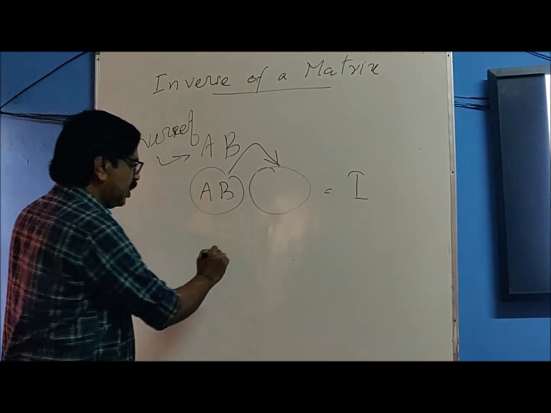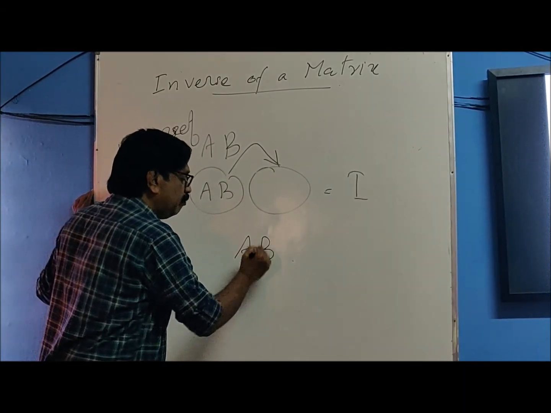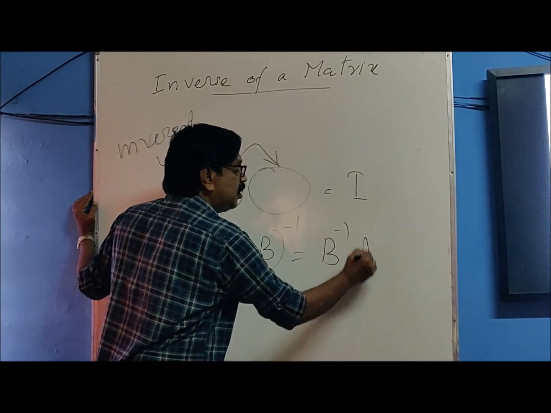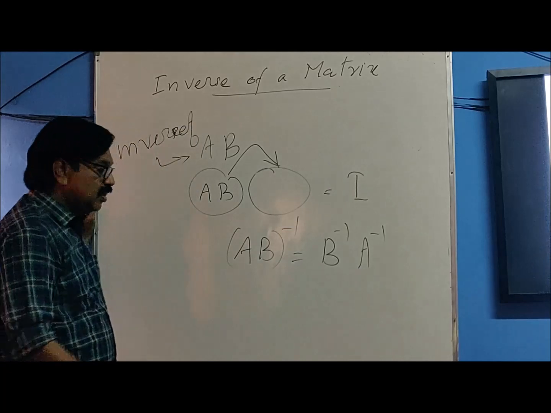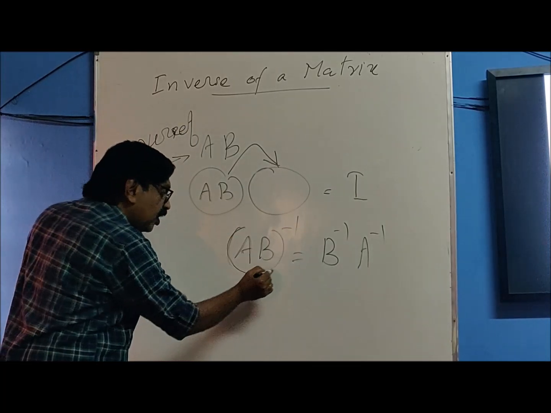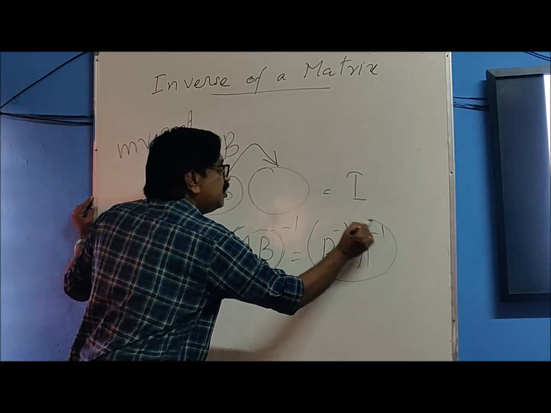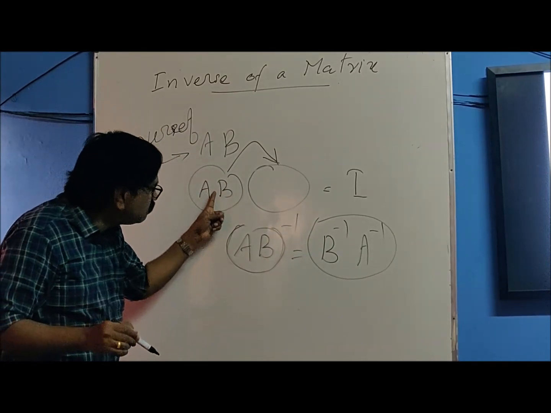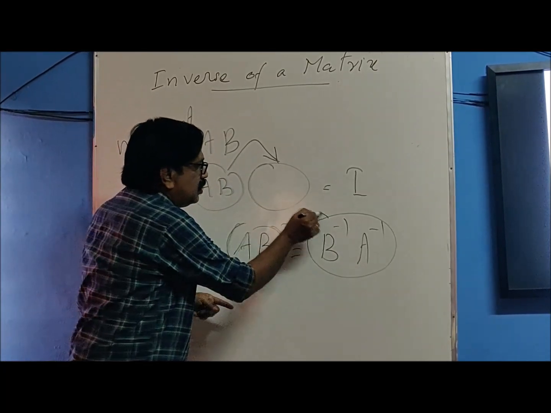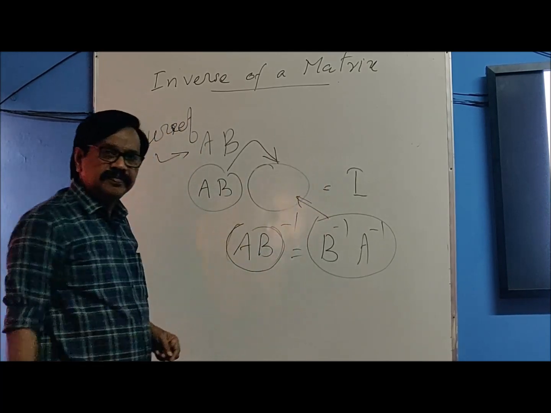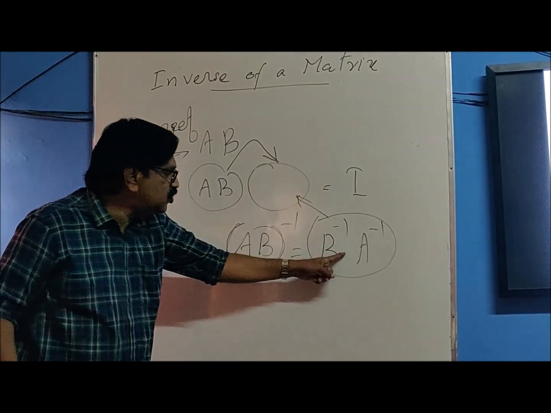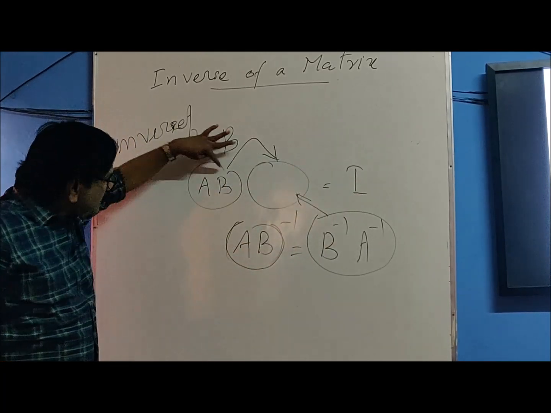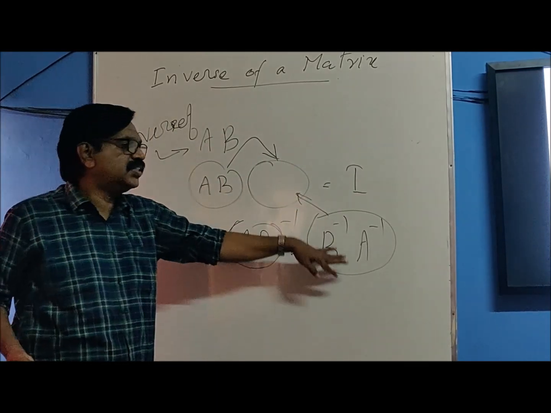Now we are going to prove that the inverse of AB is nothing but B inverse into A inverse. The inverse of AB is B inverse A inverse. It means the product of these two matrices should give I. If the product of these two matrices is the identity matrix, then the inverse of AB is B inverse A inverse.